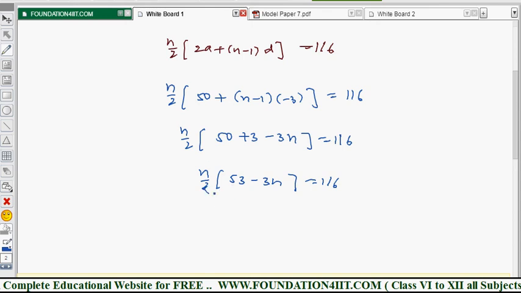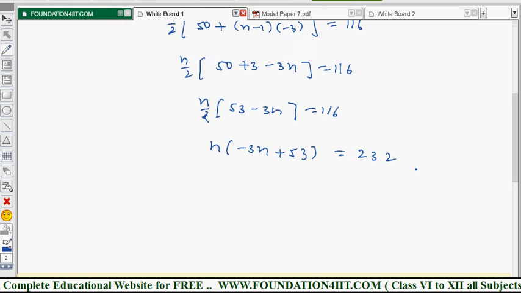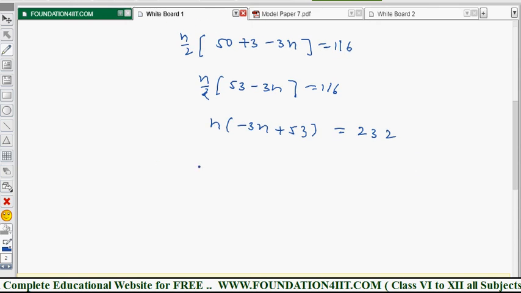And continuing to simplify, finally we'll take 2 to this side, 116 into 2 is 232. So n into 53 minus 3n is equal to 232, right? Then simplify this, then we'll get finally minus 3n square plus 53n is equal to 232.